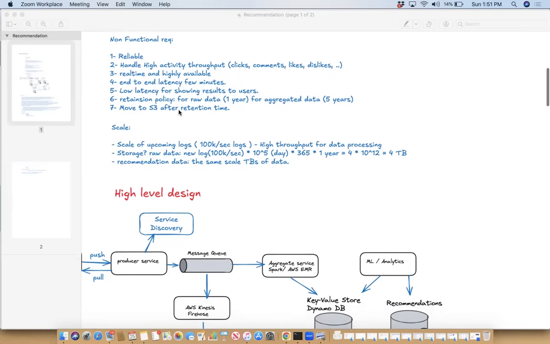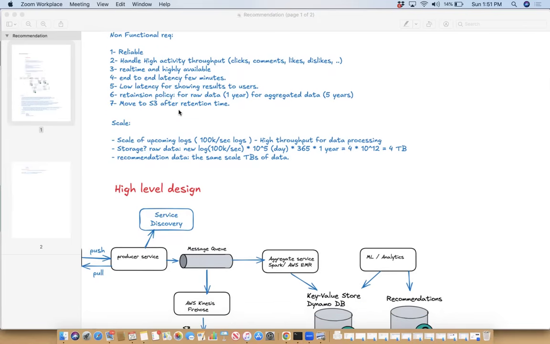Retention policy: do we want to keep the raw data, meaning activities, or aggregated data? Aggregated data means that after we have done all the processing and we have come up with a suggested list for users, a list of recommendations, how do we need to save and store them, and if so, what is the retention policy?